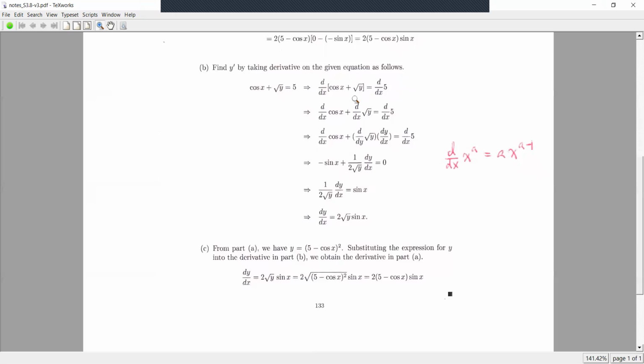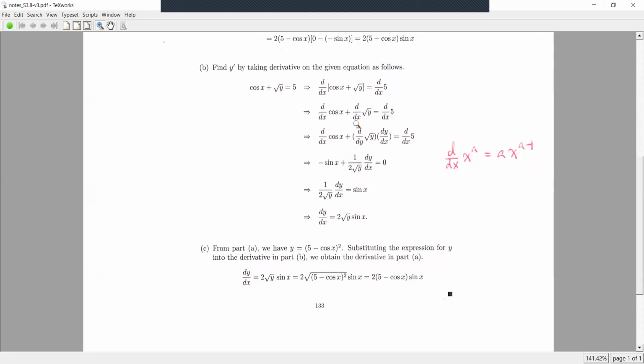Now, by the summation formula, this derivative is equal to the derivative of cosine plus the derivative of square root of y. Derivative of cosine with respect to x is computable. It is negative sine. But this derivative is not computable directly because y and x are two different variables.